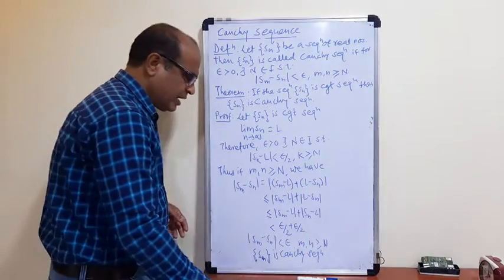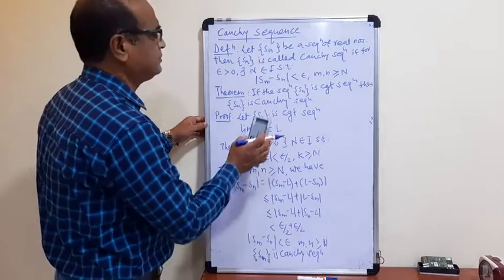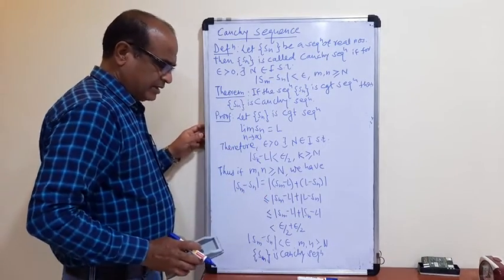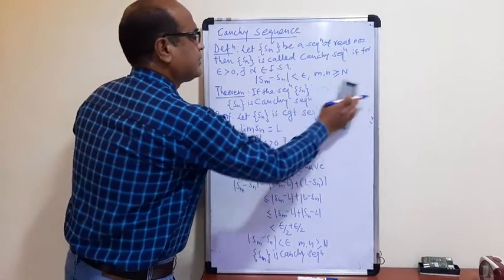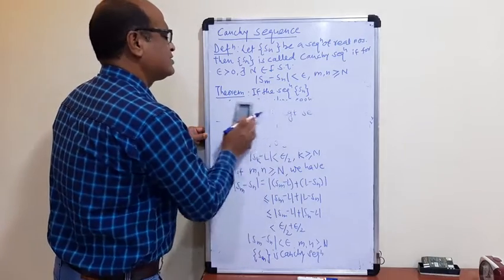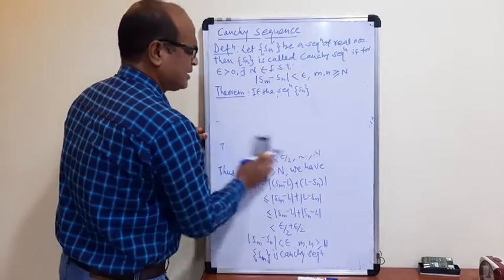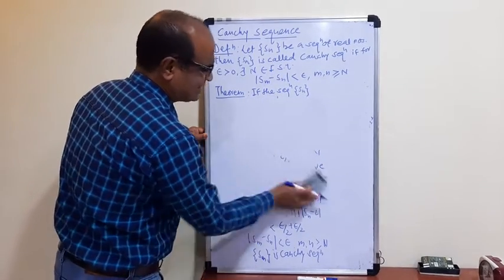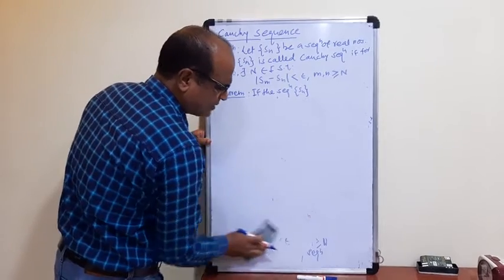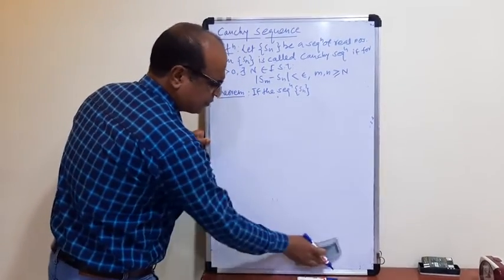Okay, so we also prove another theorem. What is the next theorem? If Sn is a Cauchy sequence, then it is proved that it is a convergent sequence. This is one more theorem.